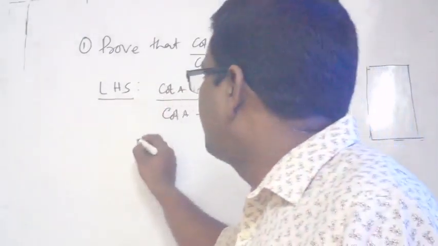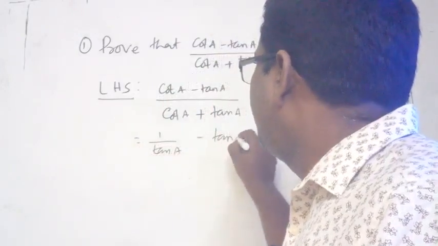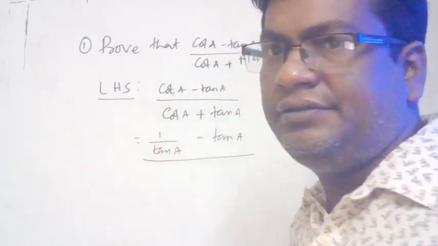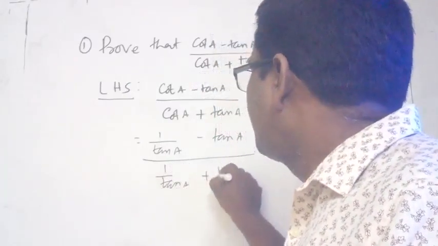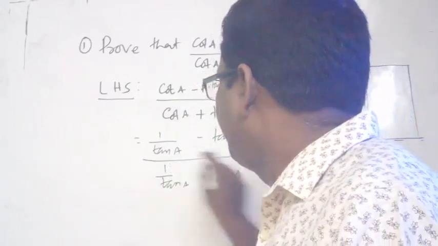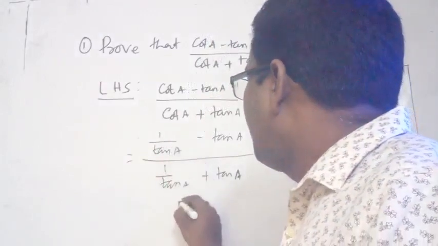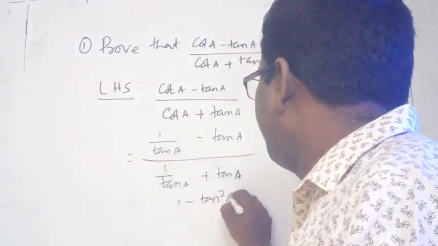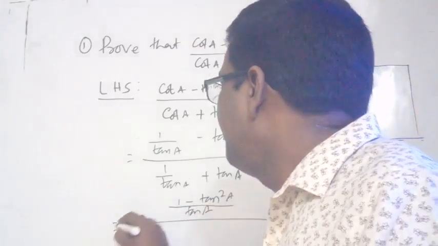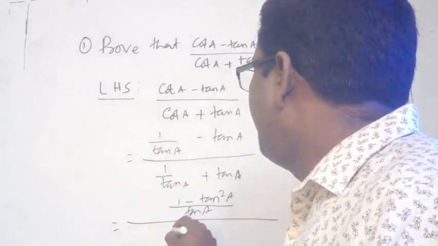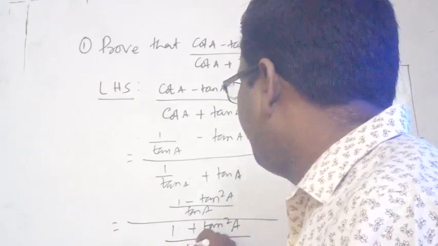So put cot a is equal to 1 by tan a minus tan a divided by 1 by tan a plus tan a. Taking the LCM: 1 minus tan square a by tan a, whole divided by 1 plus tan square a by tan a.